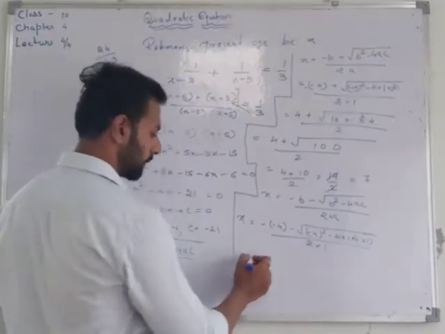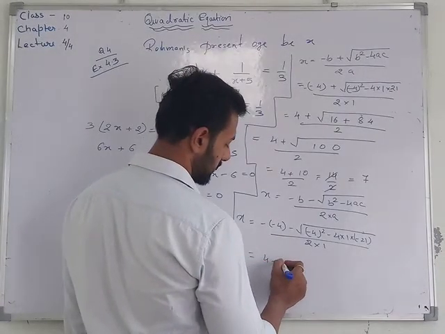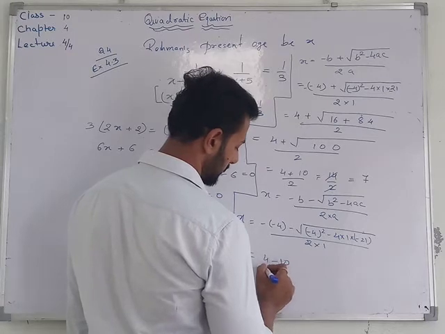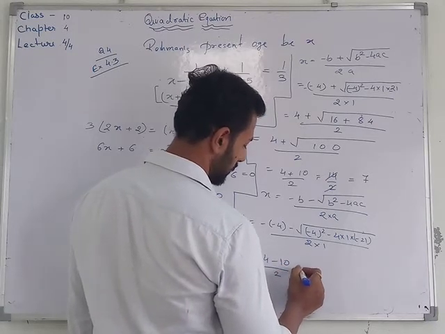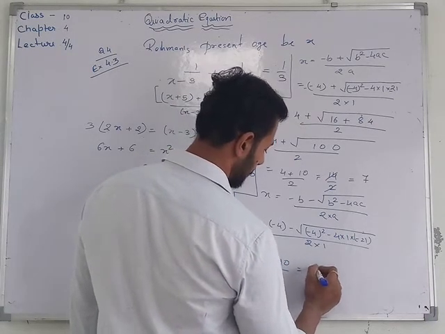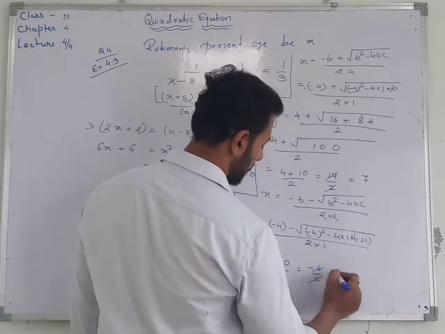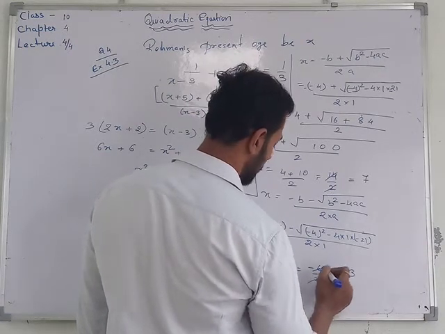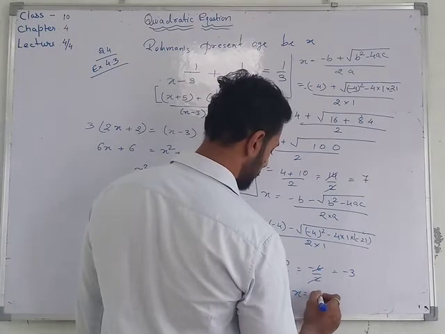Solving this, we will be getting 4 minus 10 upon 2. So this will be minus 6 by 2. Cancel out, you will be getting minus 3. So x is equal to minus 3.